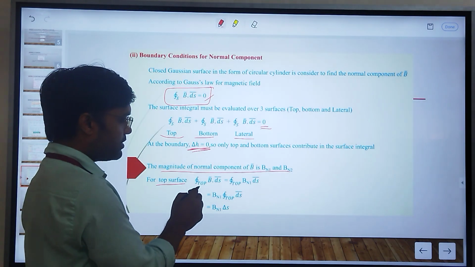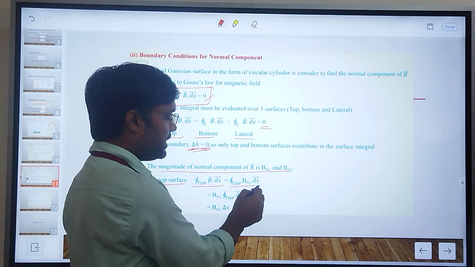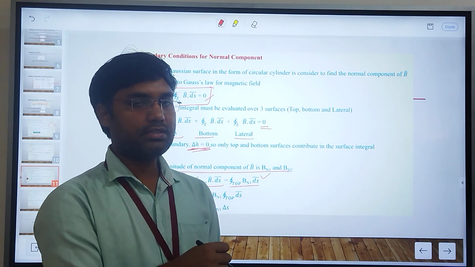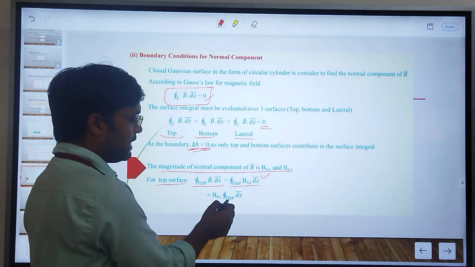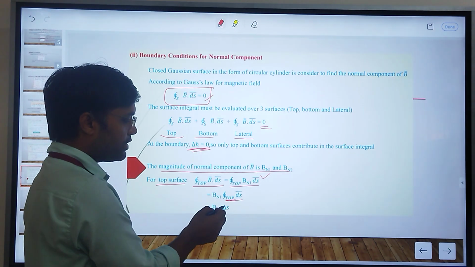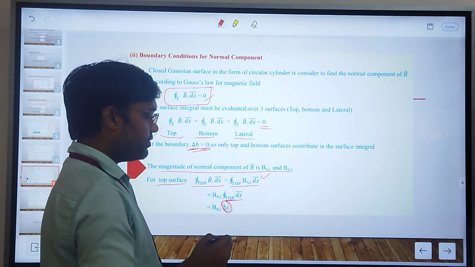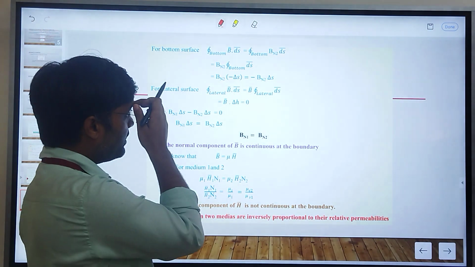The top surface, top integral of B dot dS equal to the top integral of Bn dS. This represents the normal direction of magnetic flux density, which is equal to Bn1 and integral of dS over the top, that is delta S. Delta S is a very small differential surface, Bn1 dS.